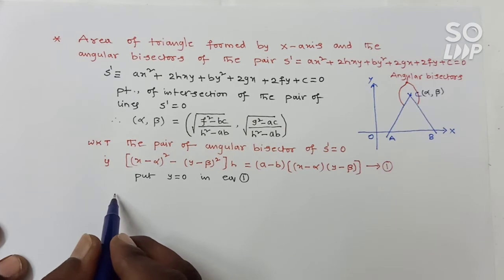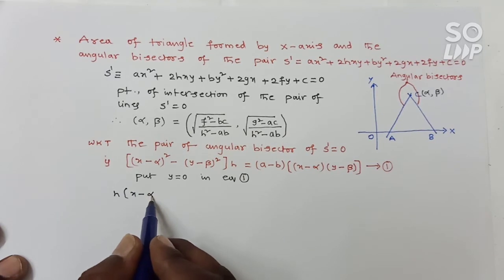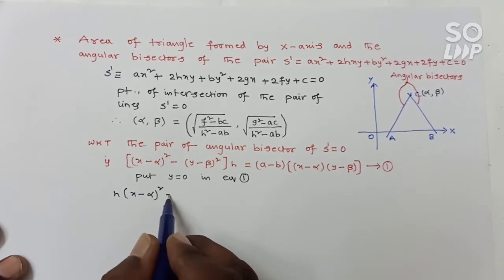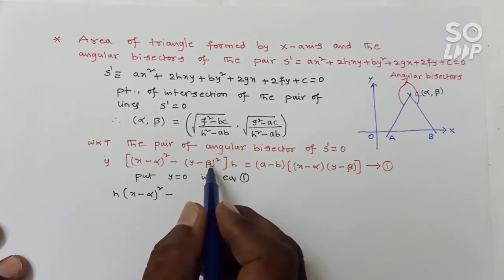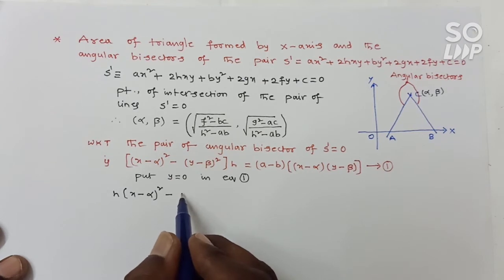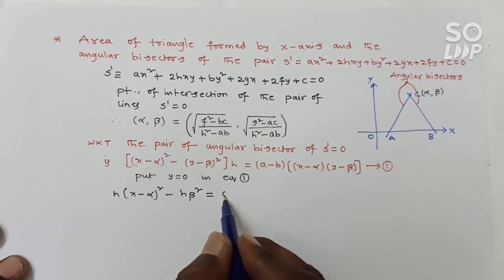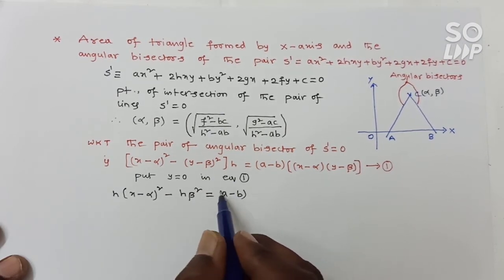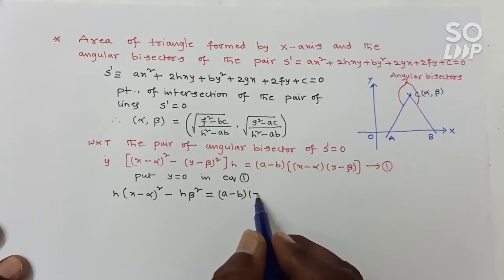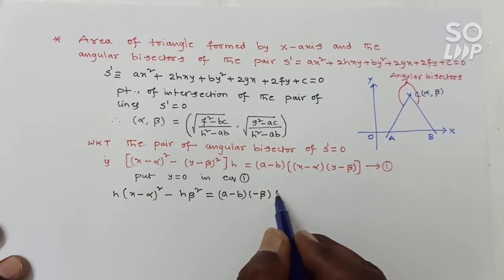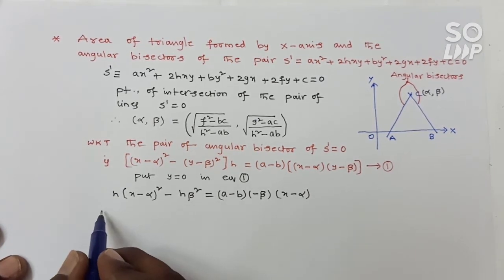Now substitute y = 0 in this one. It becomes h[(x - alpha)² - beta²] = (a - b)(-beta)(x - alpha), since y = 0 gives minus beta. Now bring all these terms to the left-hand side.